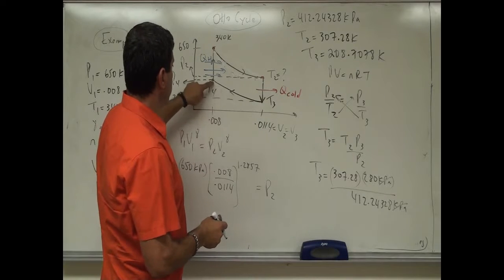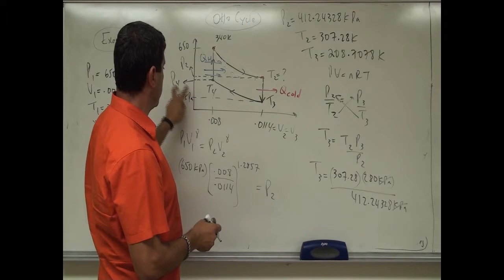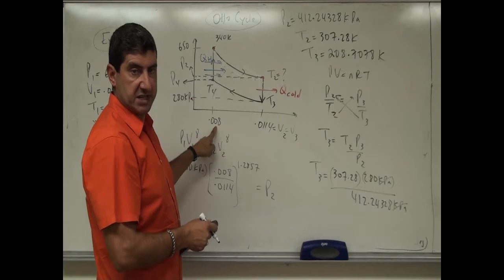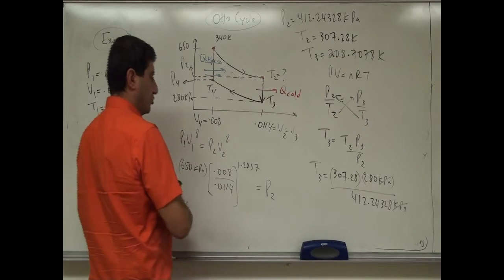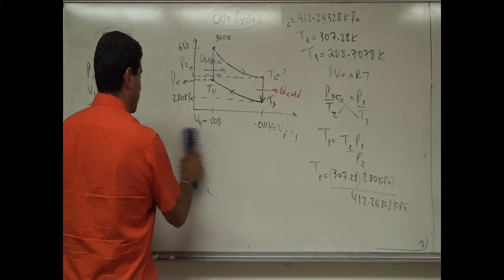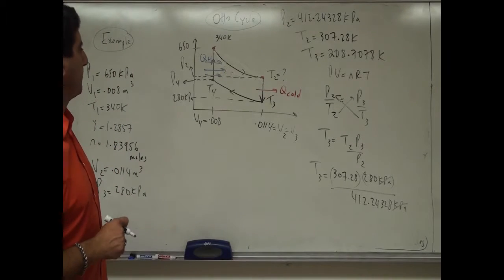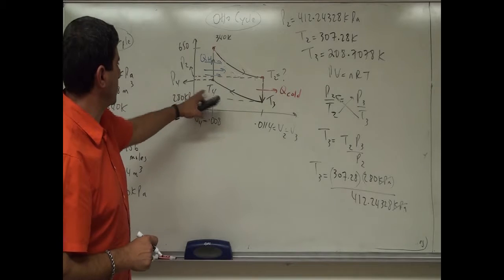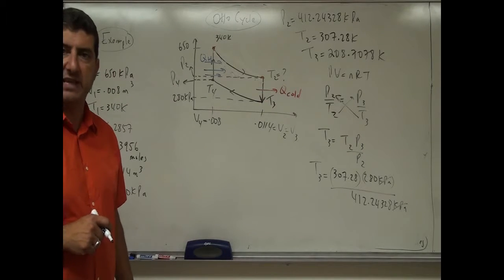Then we go back to 4. T4 we don't know, P4 we don't know, but the volume we know is the same as the original, right? So V4 we already know is 0.008. So then how do we calculate that? Well, we can use the relationship because we have two unknowns. We can use the same relationship as an adiabatic process, right?